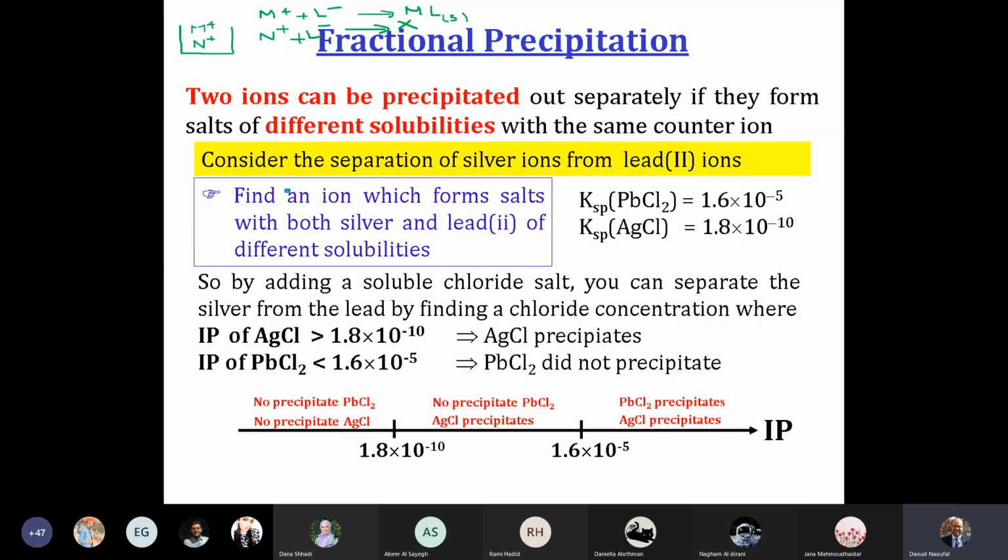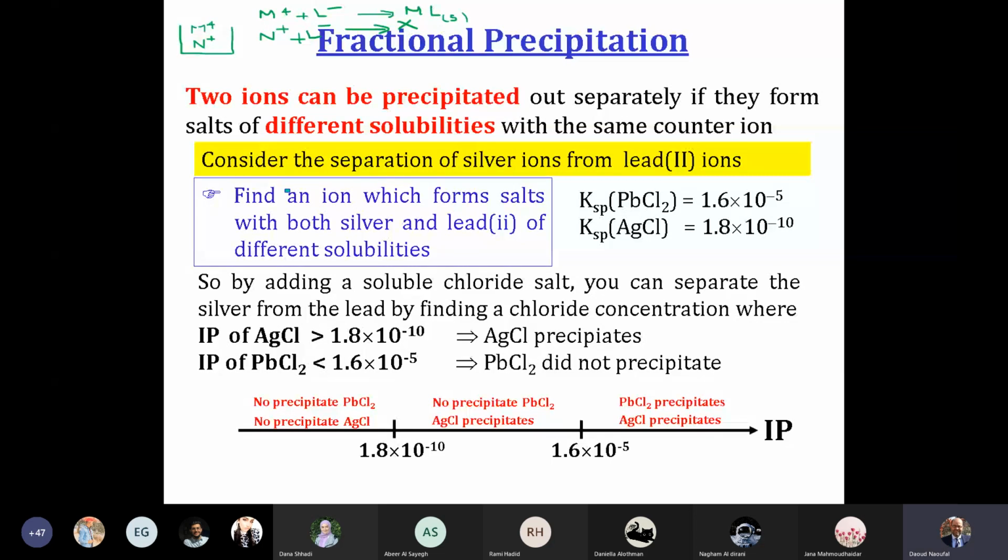So we have M plus remaining in solution, and in this case, we have fractional precipitation. We have a part of M plus that has been precipitated. Okay, so as a conclusion, what to do to separate two ions present in the solution? Think about adding a substance that forms a precipitate with one of the ions.